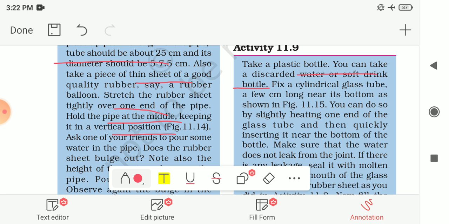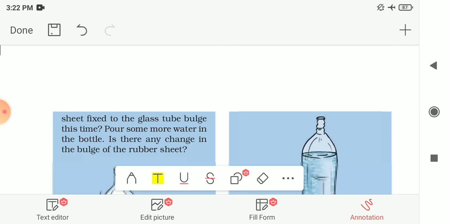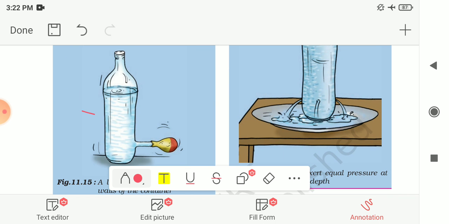Then fix a cylindrical glass tube a few centimeters long near its bottom as shown in the figure, like it is shown here. You can do so by slightly heating one end of the glass tube and then quickly inserting it near the bottom of the bottle.